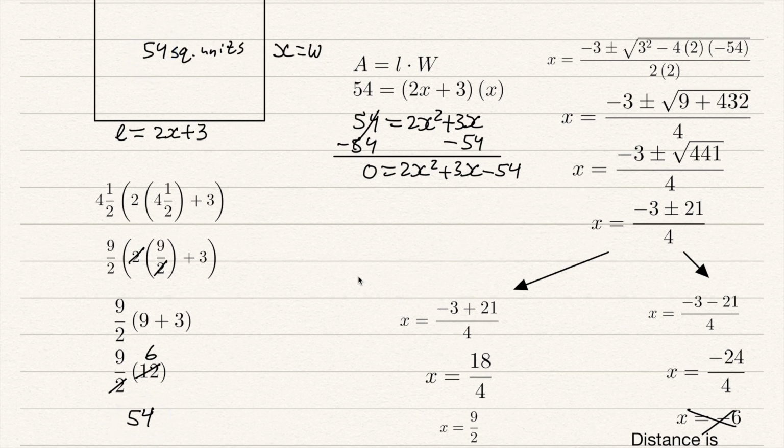So now we've found our width, but we also need to find the length. So to find the length, we come back up to here, 2x plus 3. So we do 2 times 9 halves plus 3. These again cancel. We get 9 plus 3, or 12.